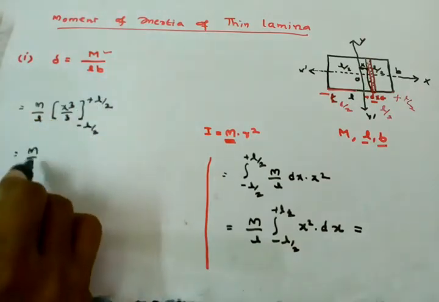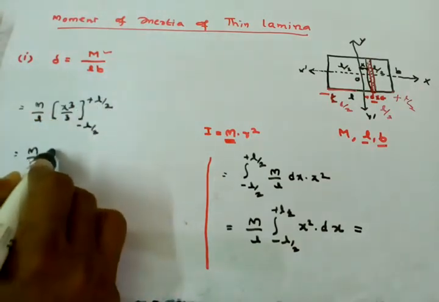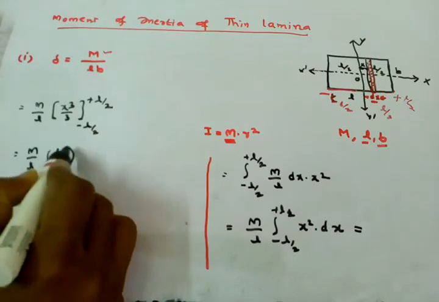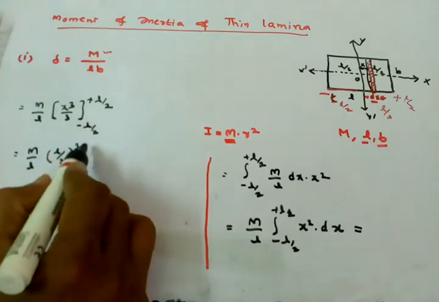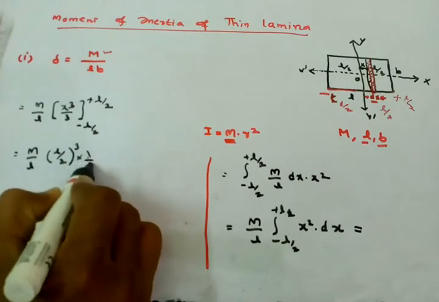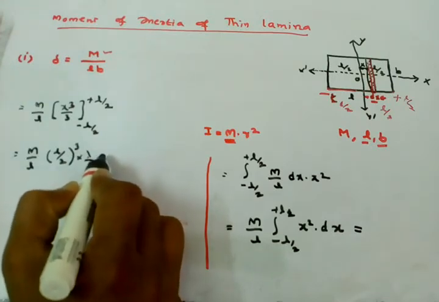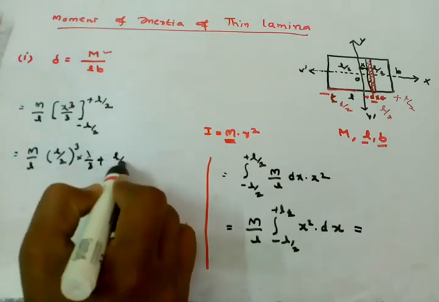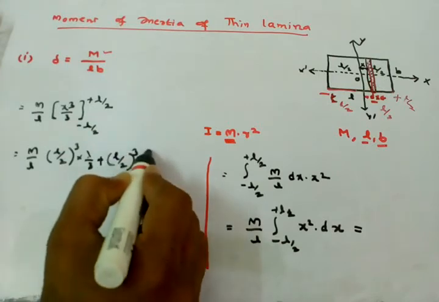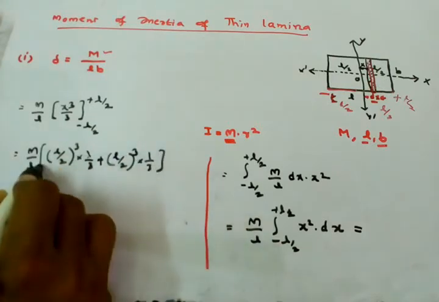See, M by L times L by 2 whole cube into 1 by 3, minus minus L by 2 whole cube into 1 by 3.